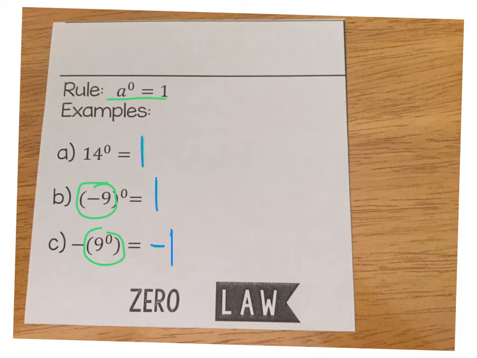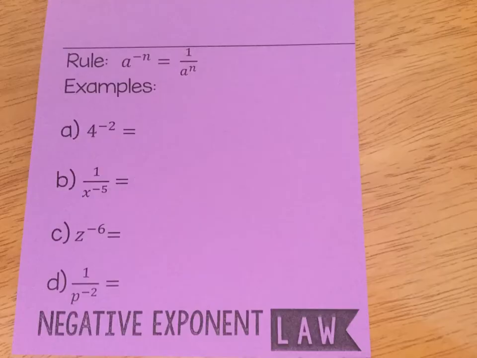Alright, let's go to the next one. The negative exponent rule, or law, like it says in the foldable, is we do not like negative exponents. We do anything that we can to get rid of it. Negative exponents are like the biggest no-no ever. So if we look at this rule, if you have a negative exponent, you flip it. So this a to the n-th power is now at the denominator.